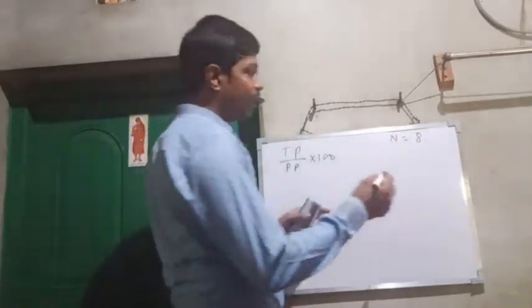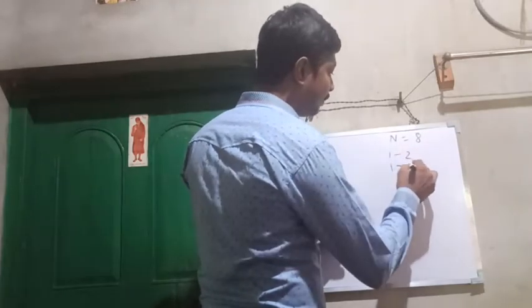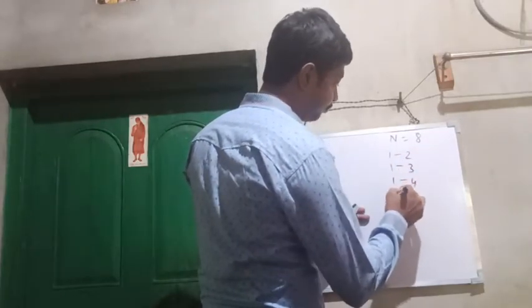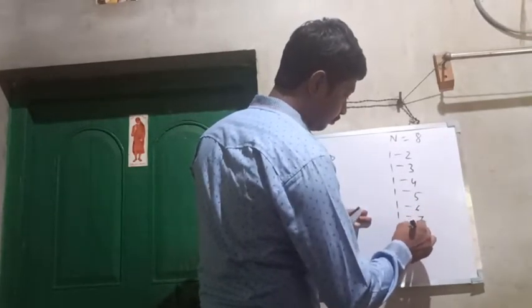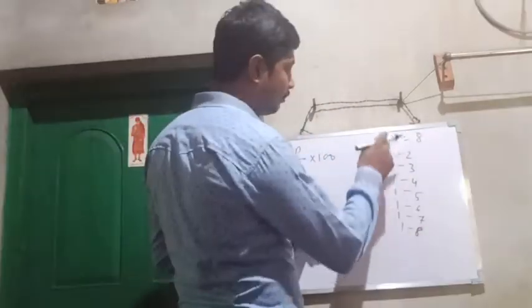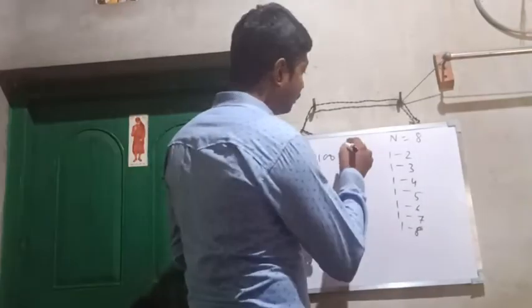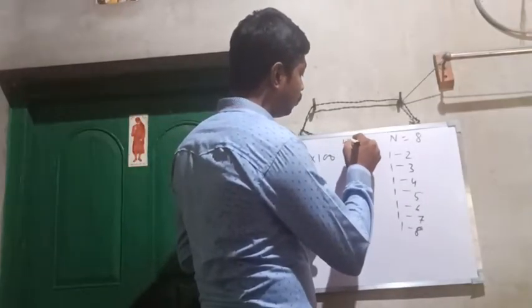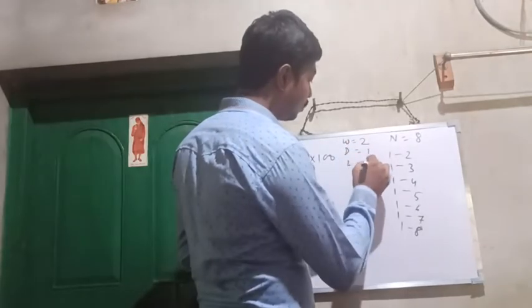So here suppose n equal to 8, total number of teams 8. So every team will play 7 matches. And the points are like: winner equal to 2, draw equal to 1, and lose equal to 0.